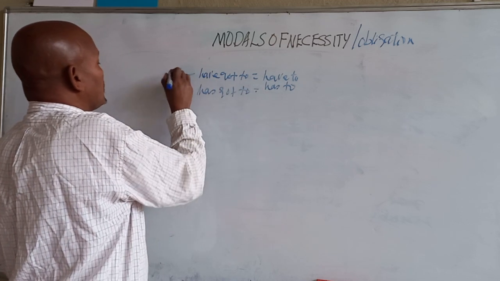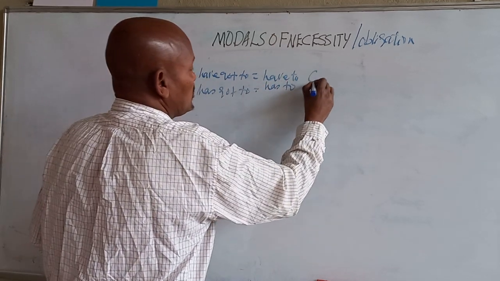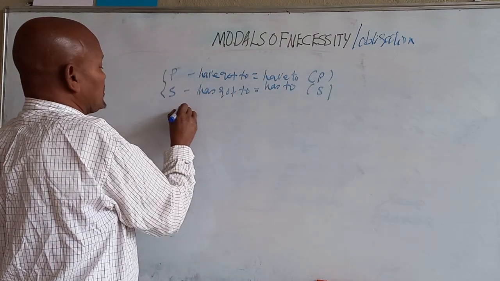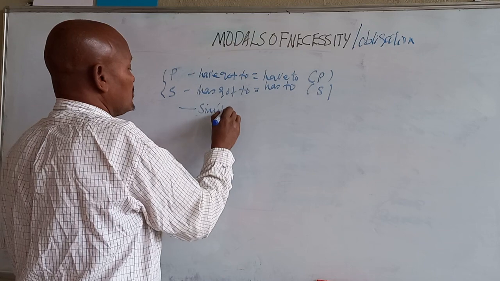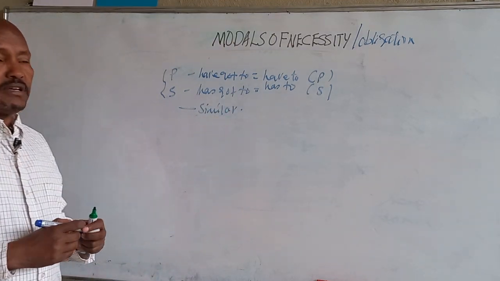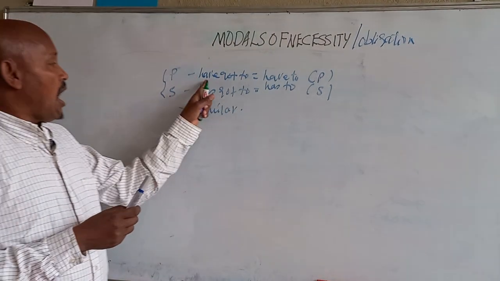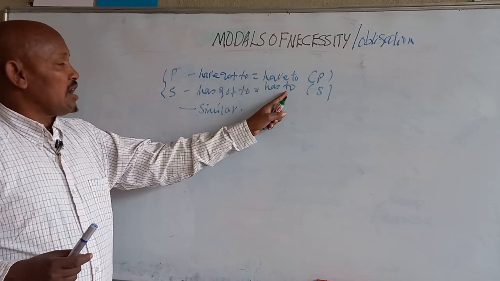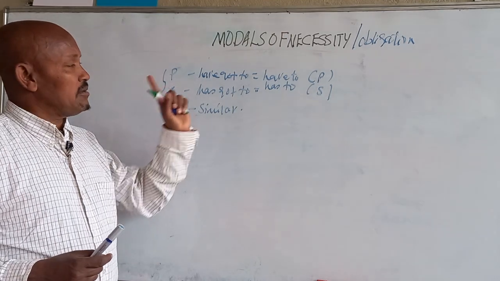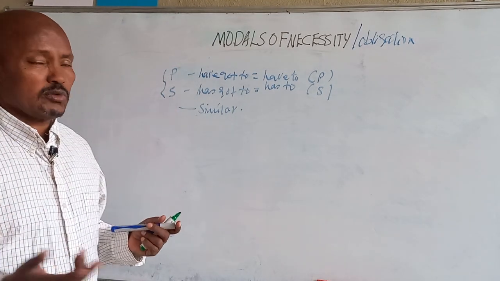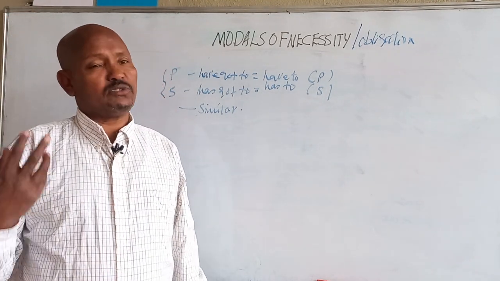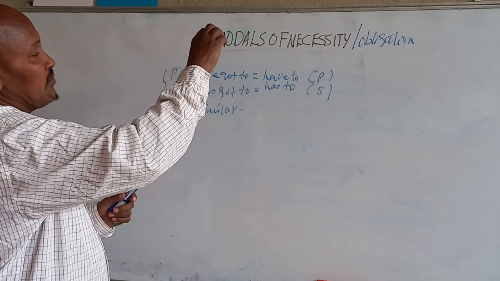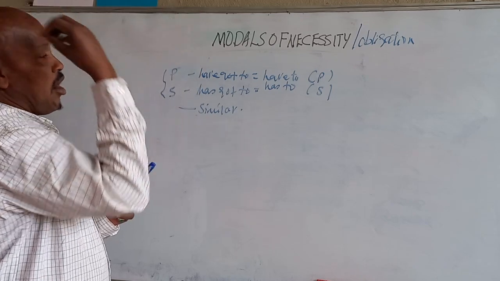This one is plural here, and this one is singular. So totally they are similar. Look here. Have got to, which is plural, has got to, the similar meaning. We can just use have got to or have to, has got to or has to, the same meaning.